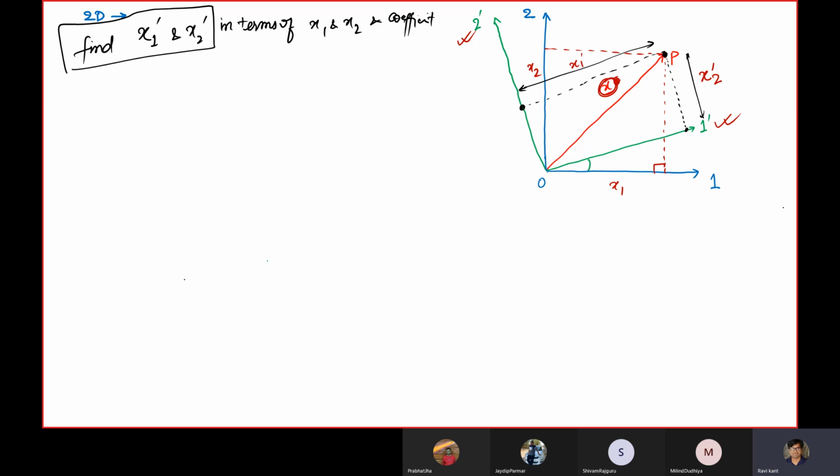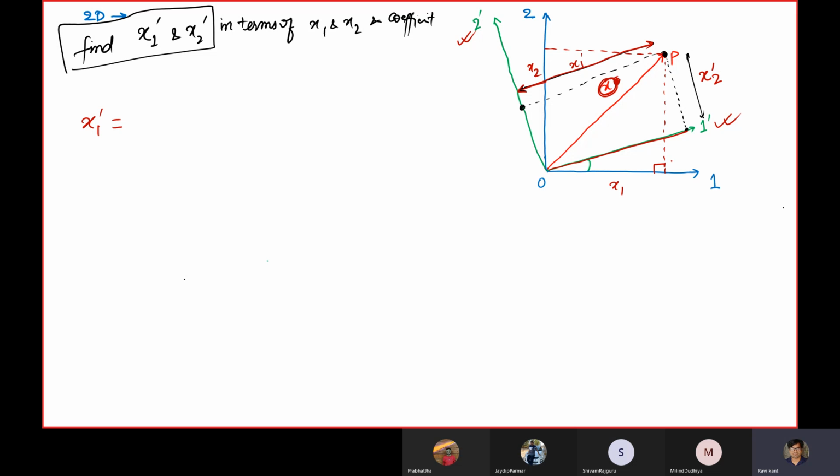In order to do that we need some angles. So let's go one by one. Let's deduce x1'. This length is nothing but this particular length from here to here. Let's suppose I rename some points.